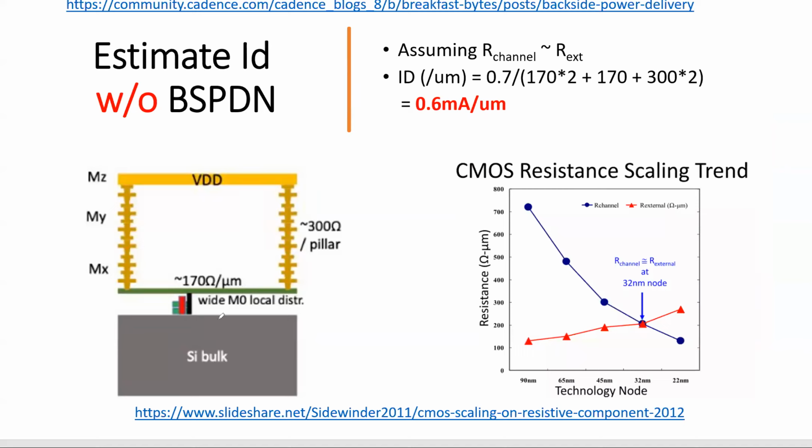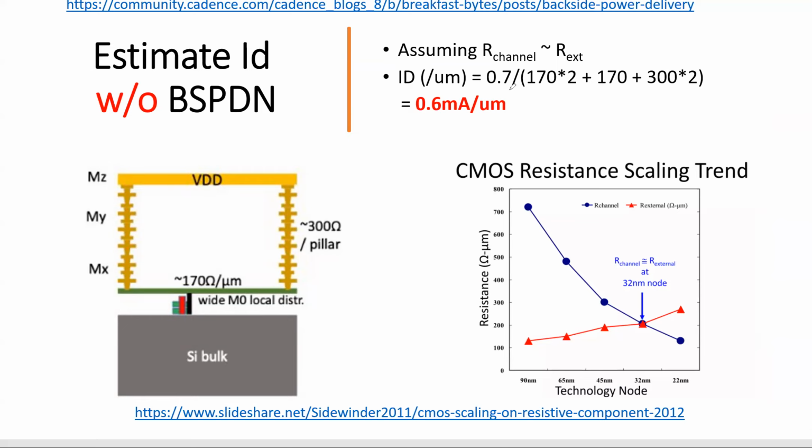That's whatever you have there at external. And then you go down to the channel, and that's how you drive your current, right? So it's a simple voltage divided by resistance formula for getting your current. And this is a loop, right? So that's why it's a factor of 2 here, because it's a loop.